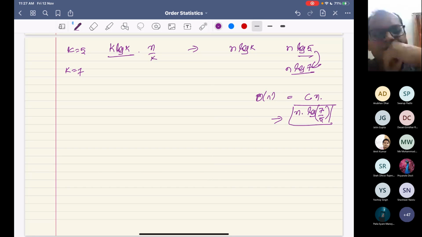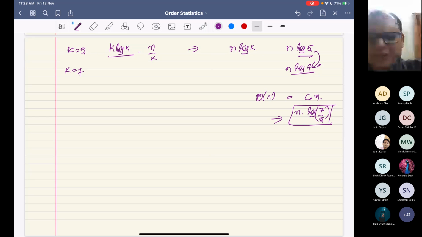So if we sort, we get 25 comparisons, and if we do it by this, we get 15. But will that matter? That will not matter. The 15 will again multiply by that, right? If you take 7, it will increase.